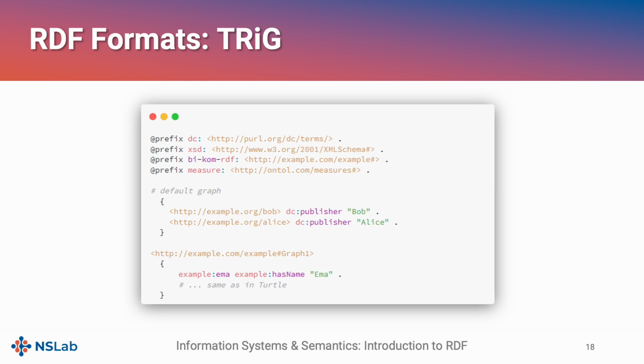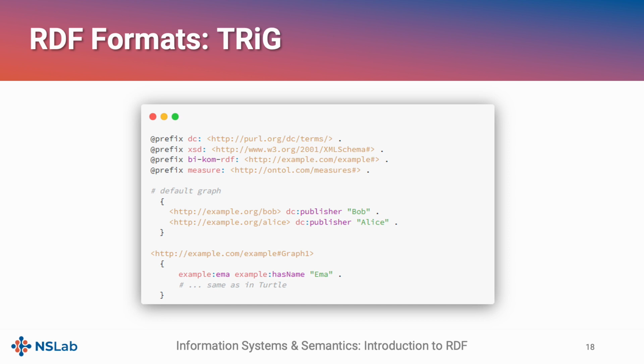Yet another format, TriG. You can see that it is very similar to Turtle syntax, but it allows subgraphs or named graphs, these quads with the fourth value. In this example, you can see two of those. The first one is the default graph, so that graph does not have any identifier and contains two triples.